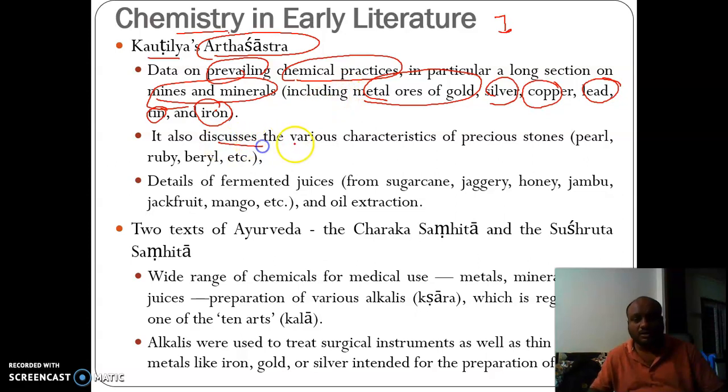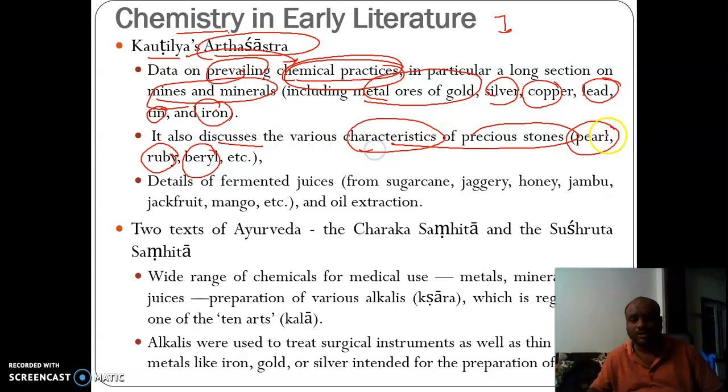It also discusses characteristics of precious stones like pearl, ruby and beryl. It also gives details of fermented juices from sugarcane, jaggery, honey, jambu, jackfruit, mango, etc., and details of oil extraction.